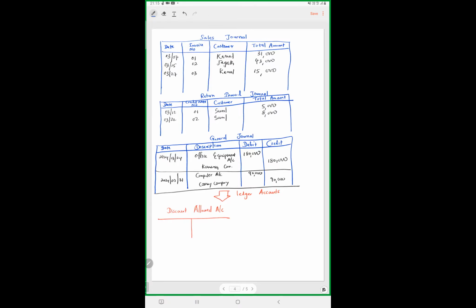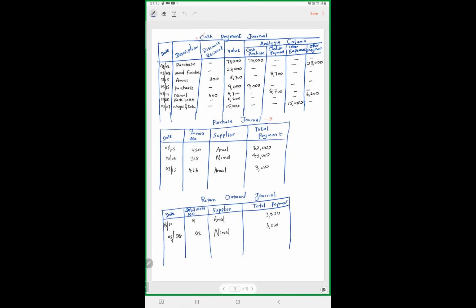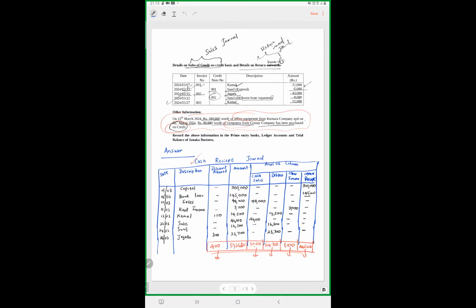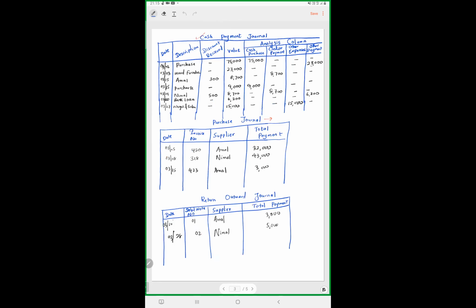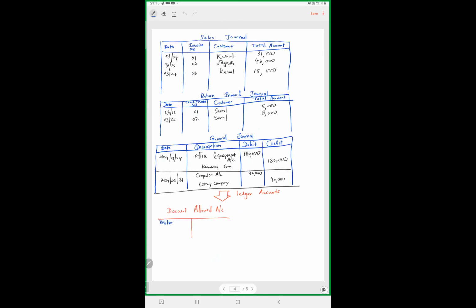So we are giving the discount to the debtors. Therefore, discount allowed account debit, by mentioning debtors, because we are giving discount to the debtors. So 400.